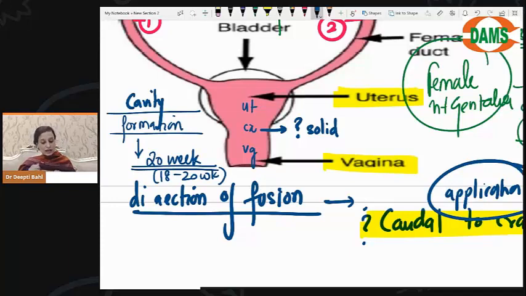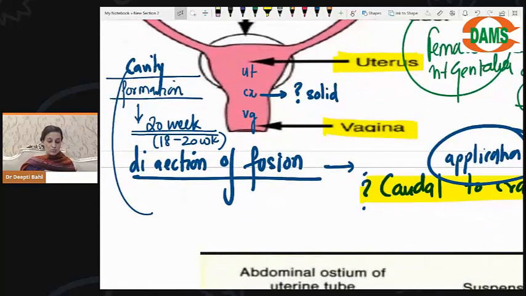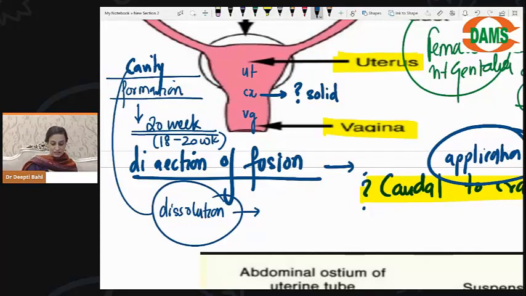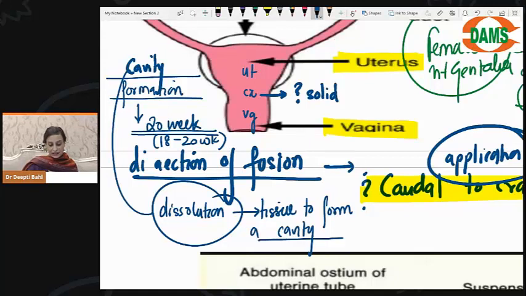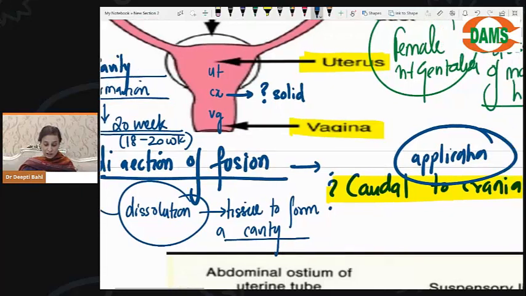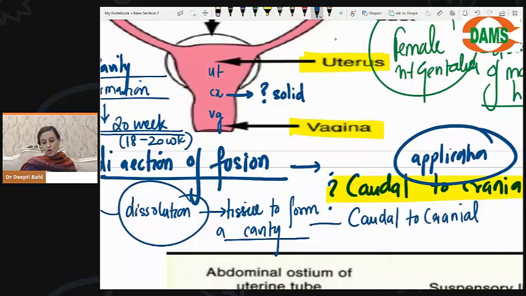Now again, very important MCQ. This dissolution of the connective tissue. So dissolution of tissue to form a cavity will also happen in a direction of caudal to cranial.